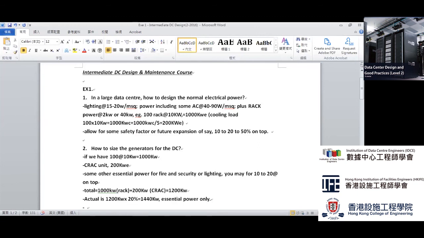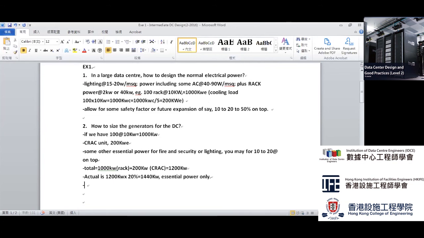However, again, the genset itself got its own problem, right? So what we could have done here, we use 1,440 kilowatt multiplied by 1.3 to allow for any transient.